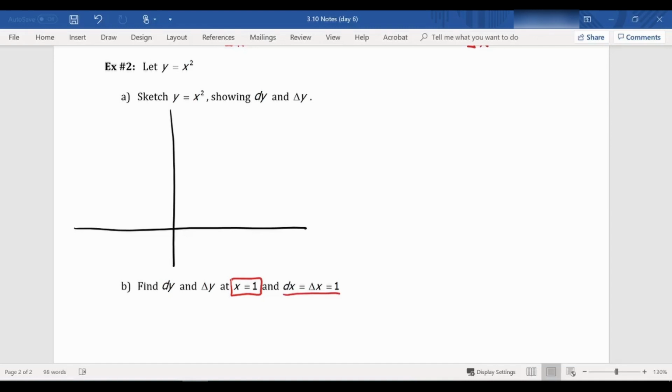So what that means is my scale along the x-axis is going to go up by 1s. So I'm going to have an x value of 1, an x value of 2, maybe an x value of 3, and we'll go negative 1, negative 2, negative 3.